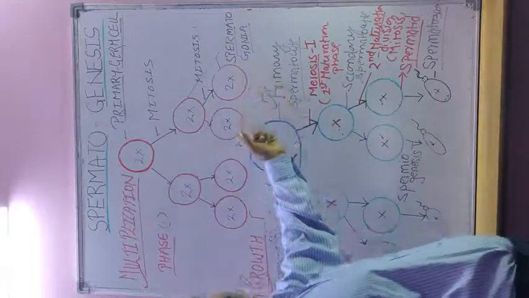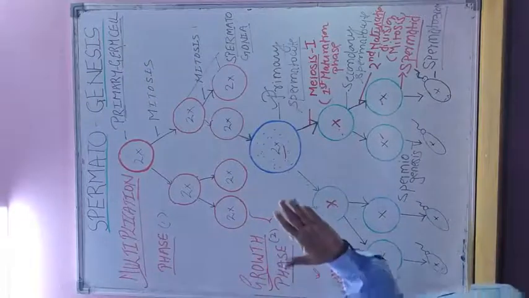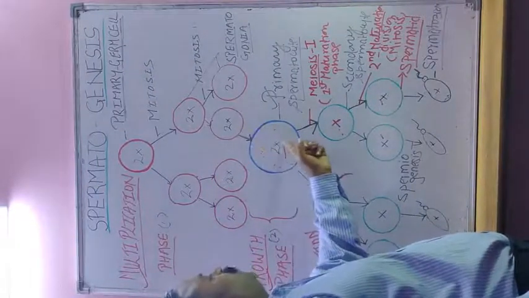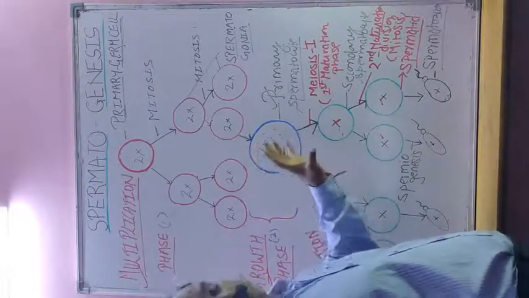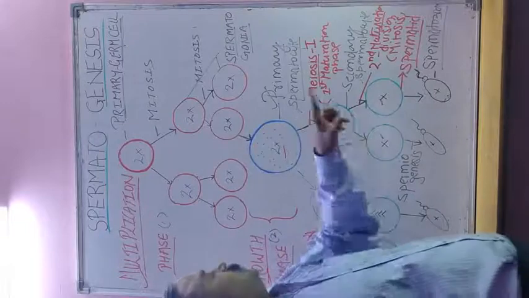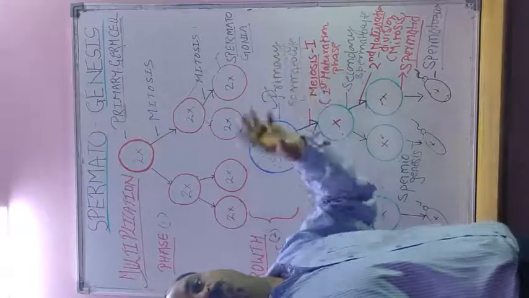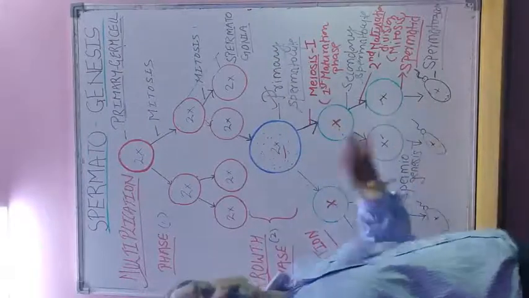Remember the parallel word, oogonium. And then the second one is the growth phase, student. In the growth phase, this spermatogonium will develop into a primary spermatocyte, becoming a little bit larger, and in oogenesis this word primary spermatocyte will be replaced by primary oocyte, and the consequent processes are the same.